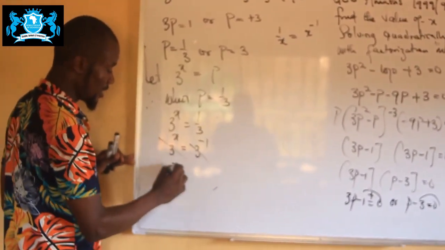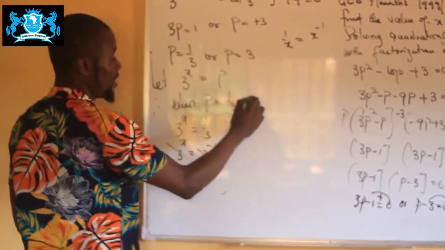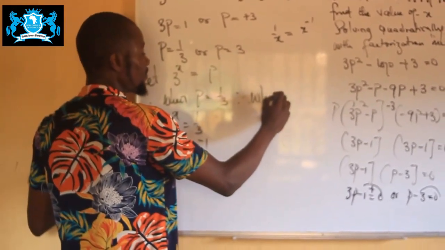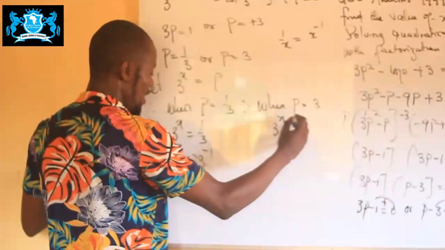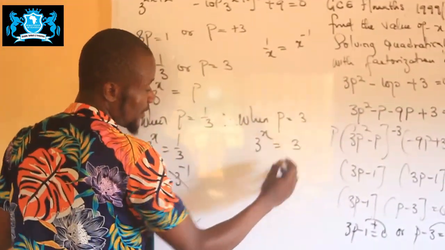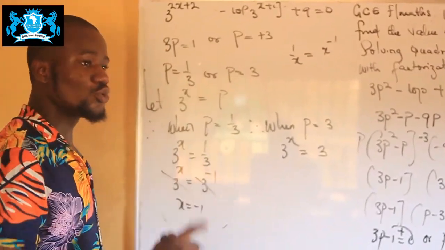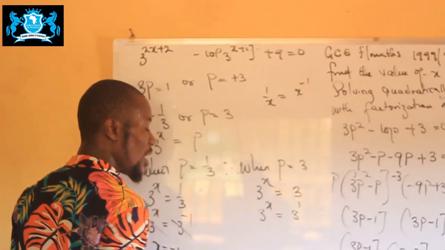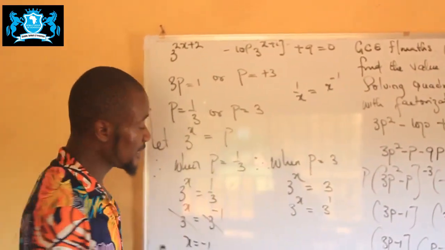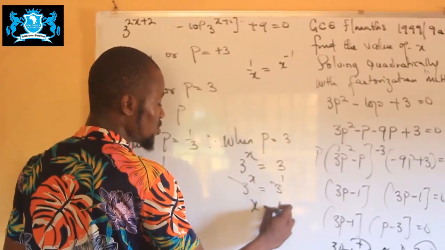So you cancel out, and x is minus 1. When p is equal to 3, 3 raised to the power x is equal to 3. What will you raise 3 to that still gives you 3? You have 1. So 3 raised to the power x is equal to 3 raised to the power 1. When you cancel out, x is equal to 1.